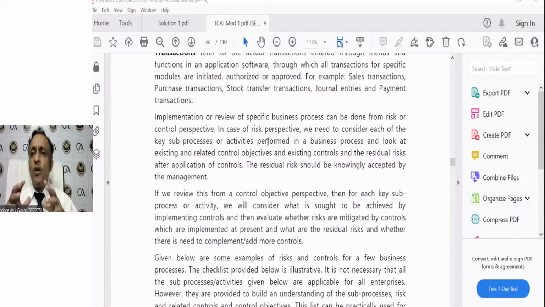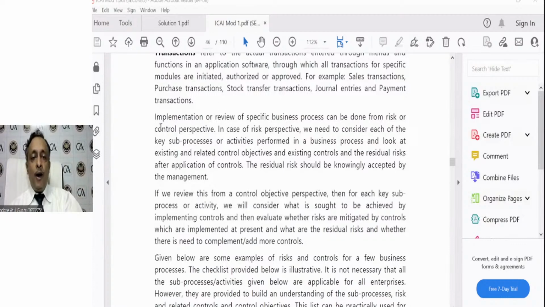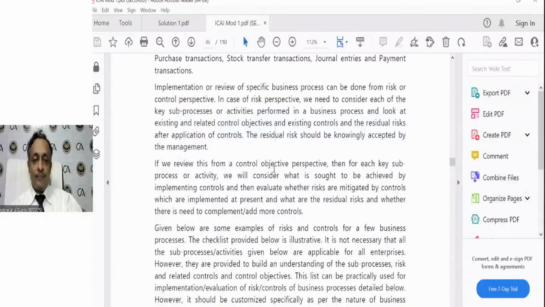So suppose a transaction is going to be entered in the system, what are the key parameters to consider in those transactions? You already had the configurations and master defined. Now we are looking from the transactions point, and what are the aspects that we are looking for? The risk or controls perspective.